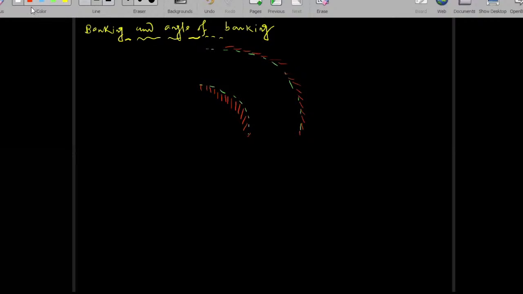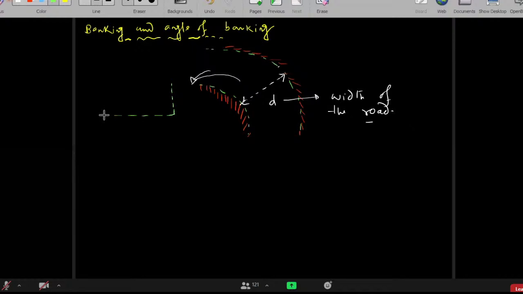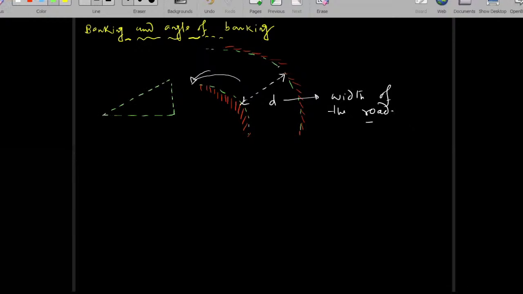If we take these as the width of the road, I'm taking this as D. D is the width of the road, and between these inner and outer layers, if I replicate it by a geometric diagram, it's like this. This is the angle theta.